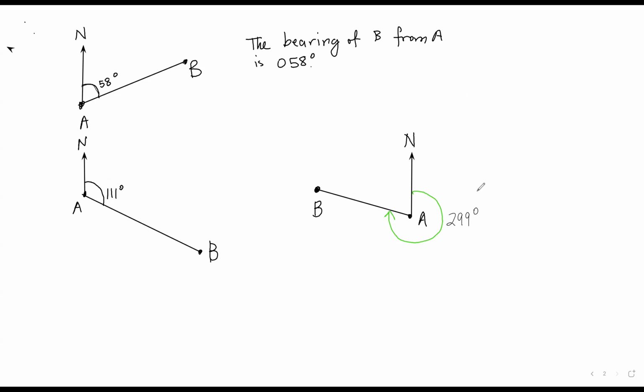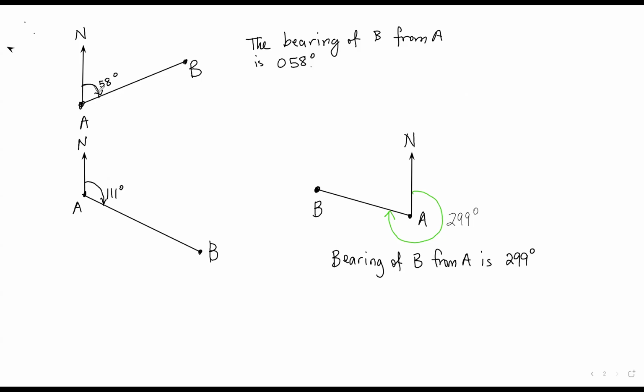Well, let's just assume, because this is not drawn to scale. So your bearing here of B from A is 299 degrees, and the reason is that this angle is always your clockwise angle.